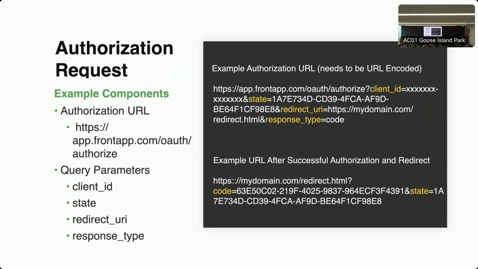That's going to get loaded into our web viewer, and the user's going to authenticate and authorize. And when they're redirected, you can see on the bottom here that there's code equals. That's going to be something that gets sent back from the service. The state parameter as well, which is what we sent up above, and that allows us to know what script we're calling and some additional details.